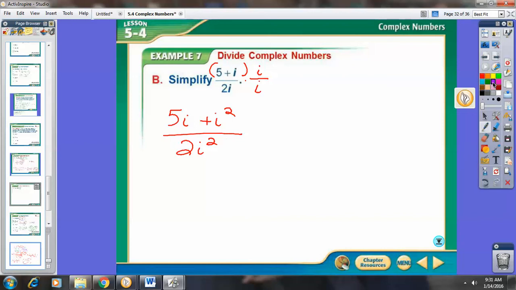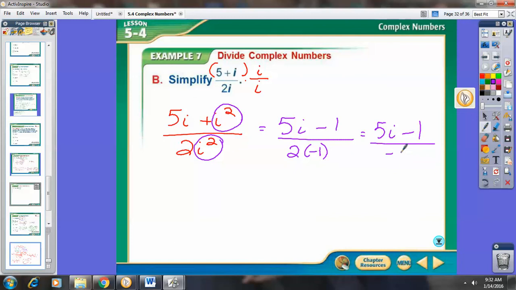Let's replace those with -1. Questions on this example?